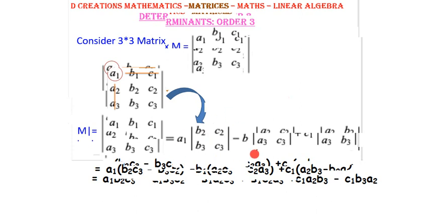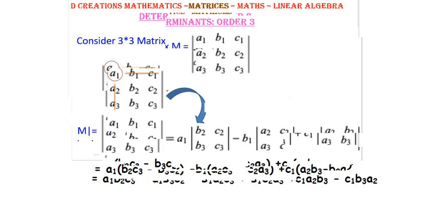Now when you go to the next term, we will consider B1. That means which elements will you ignore? The elements in the same row, that is A1, C1, will be ignored. The elements in the same column, that is B2, B3, will be ignored. So what are you left with? A2, C2, A3, C3. Now understand one thing.